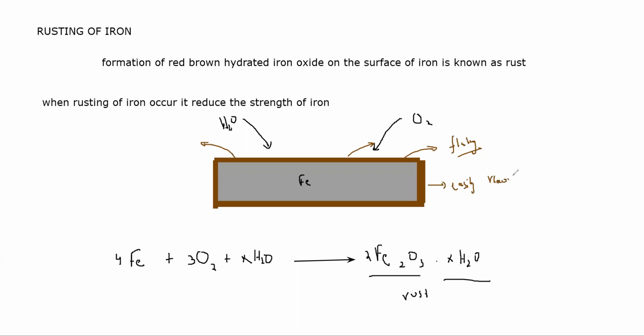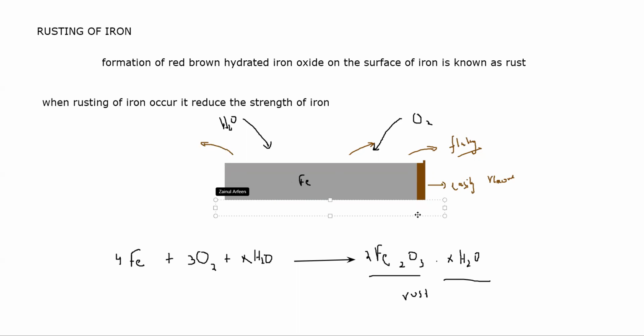So as this layer is easily removed, what happens? This hydrated iron oxide layer is removed. Now the other part of iron is exposed. The part of iron that is rusted is removed from the iron surface. Now the other part is exposed to the atmosphere.